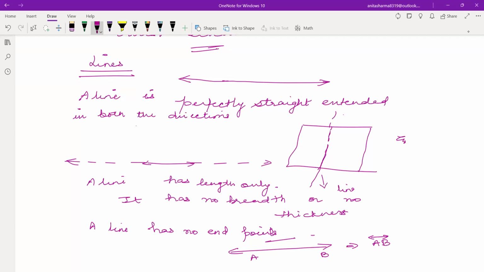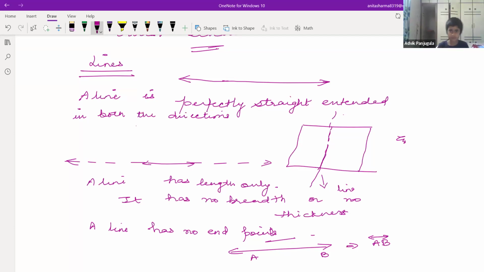Advik, turn on your camera, beta. Ma'am, can you show the point?